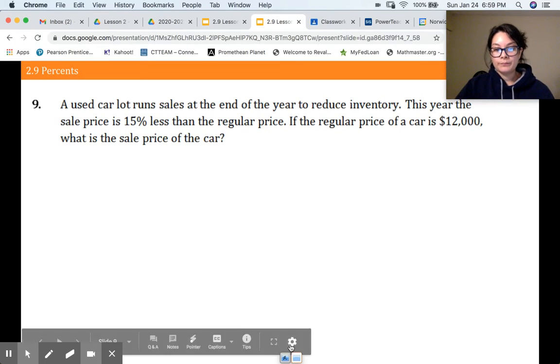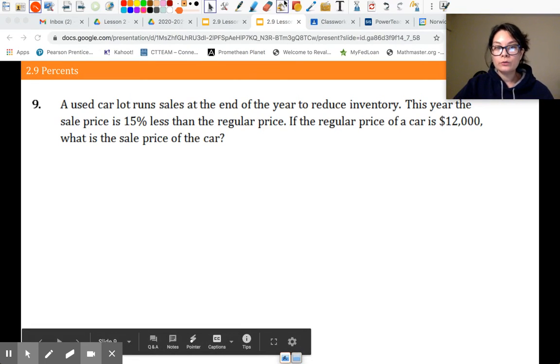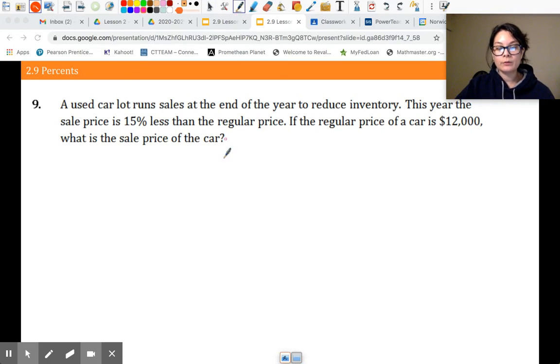So we can still use that formula to kind of help us here, but we need to be really careful with how we approach these application problems because it's not as obvious what it is we're looking for, whether it's the percent, the base, or the part, because it's not really wording it in the same way.